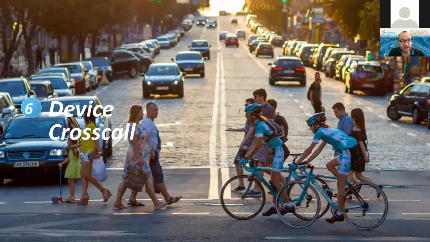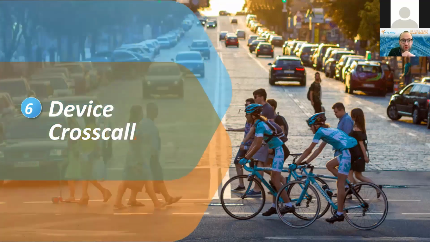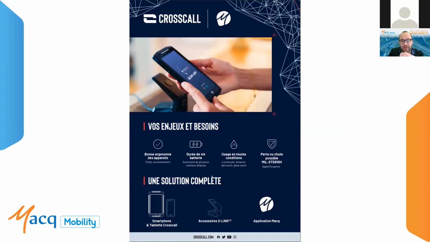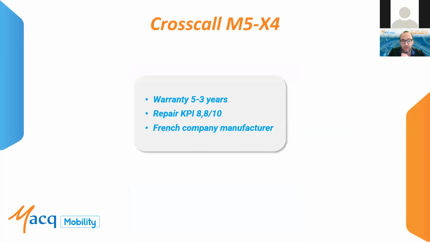And finally, we have chosen the Crosscall device. Crosscall is a French company. It's a famous company. They build their own smartphone, but this smartphone has been chosen by the Gendarmerie Nationale, and it's undergoing testing by the Federal Police of Belgium. Why did we also choose this smartphone?